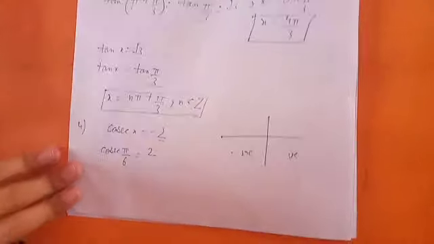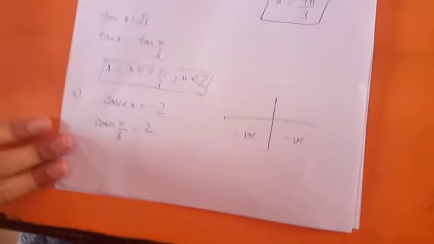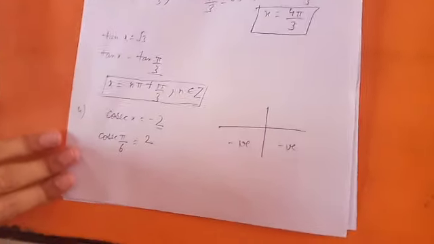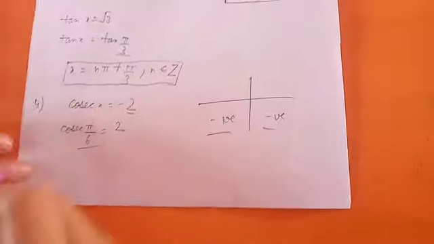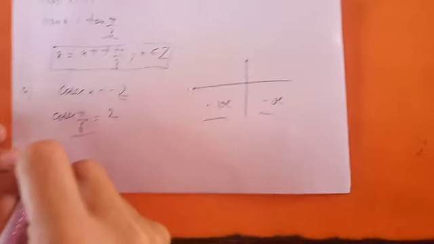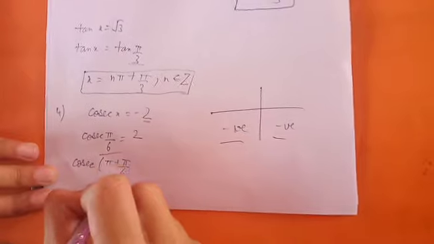Okay. But this angle lies in first quadrant. For cosec to be negative, we have to show our angle in third and fourth quadrant. So how I can write? Once I can write it as cosec of pi plus pi by 6.